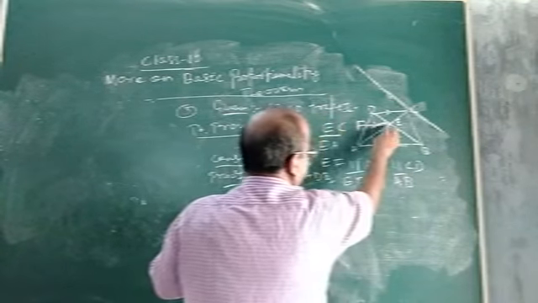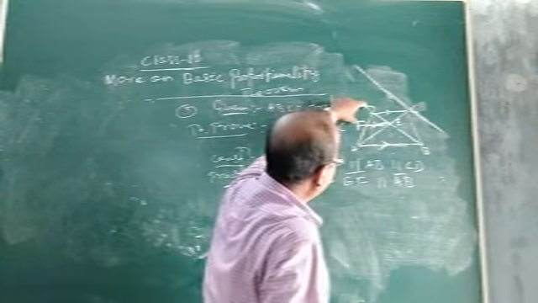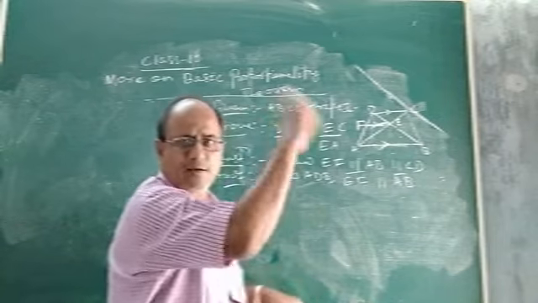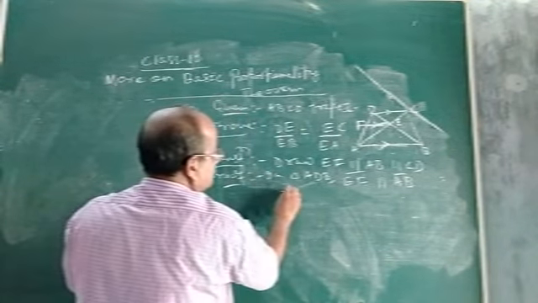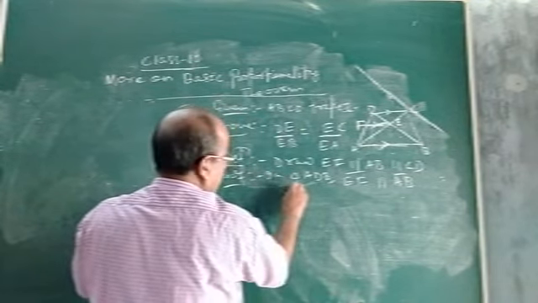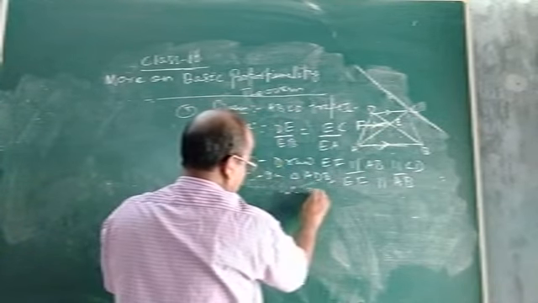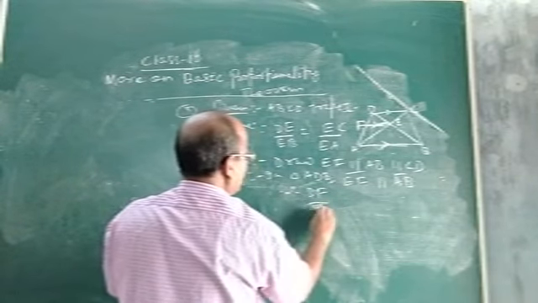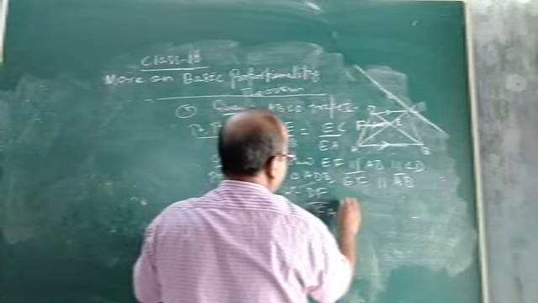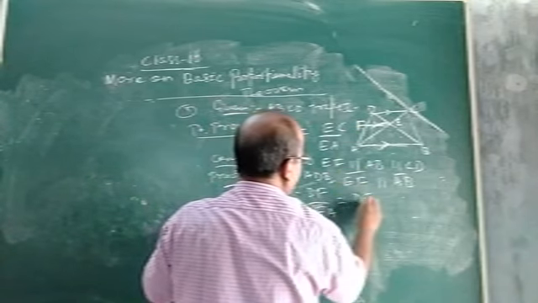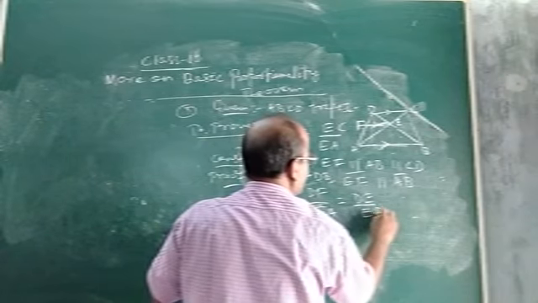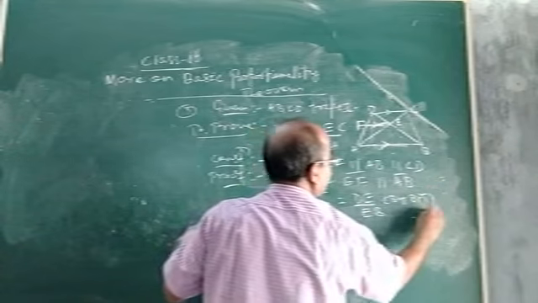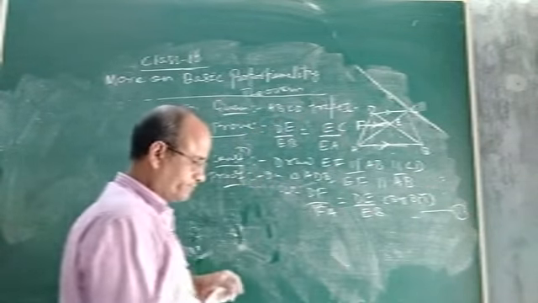Now see, if EF is parallel to AB, then DF by FA will be equal to DE by EB by Thales theorem. Therefore DF by FA will be equal to DE by EB by BPT. Suppose this is equation 1.